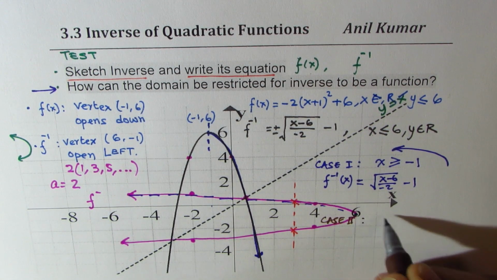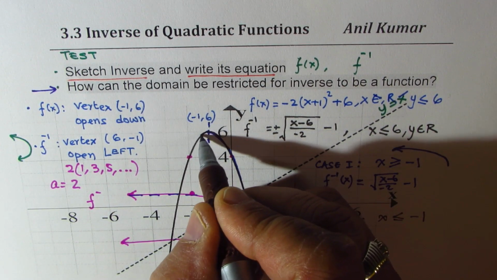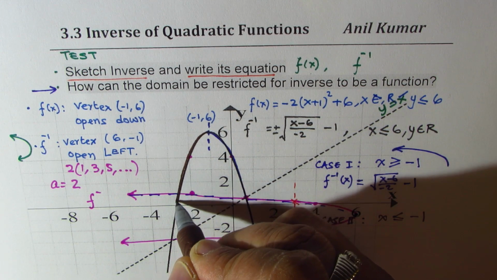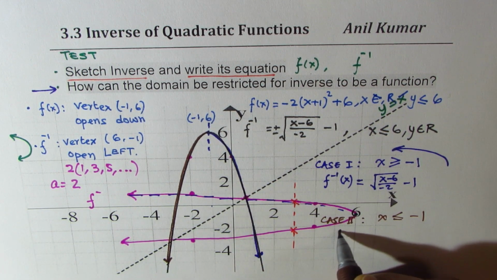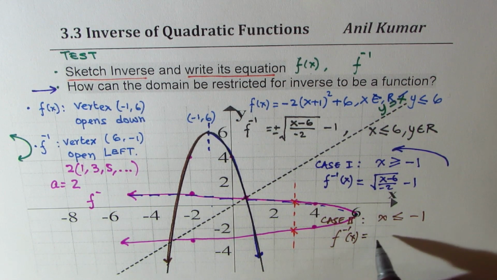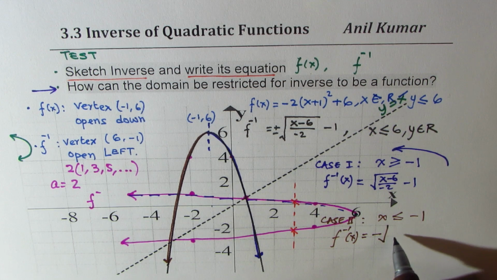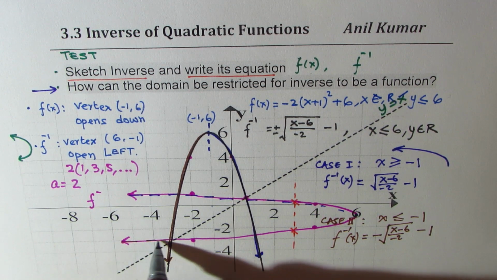So case 2 could be when x is less than equal to minus 1. So now we are looking into the left side of this parabola. Clear? In that case, the inverse of our function will be equal to the negative value of square root of x minus 6 divided by minus 2, minus 1. That means the lower half.